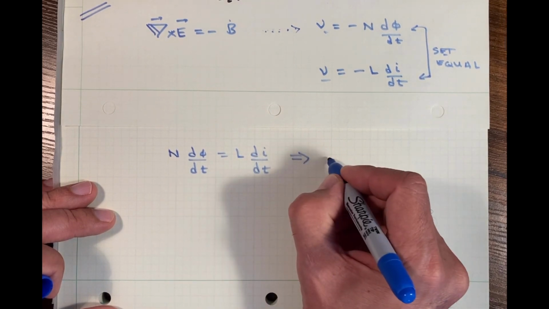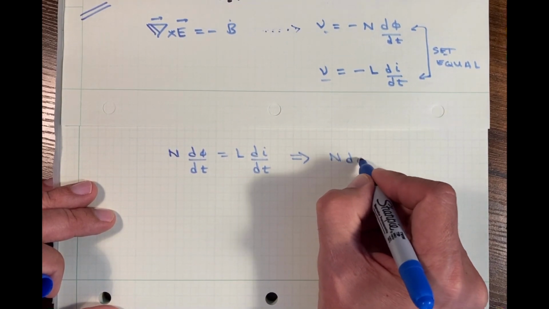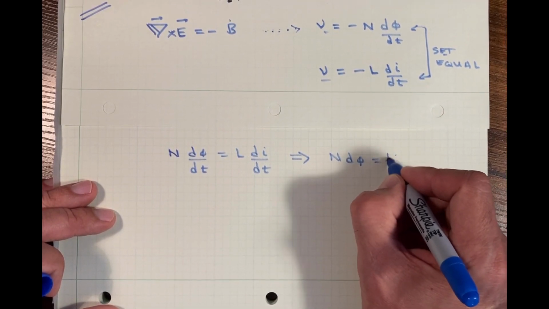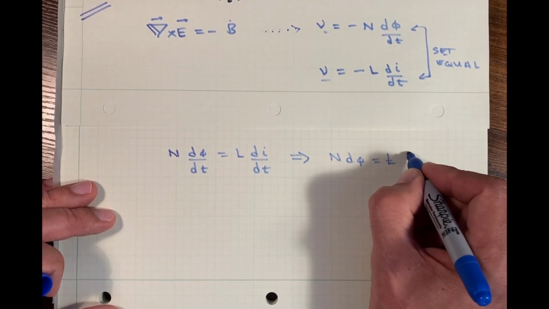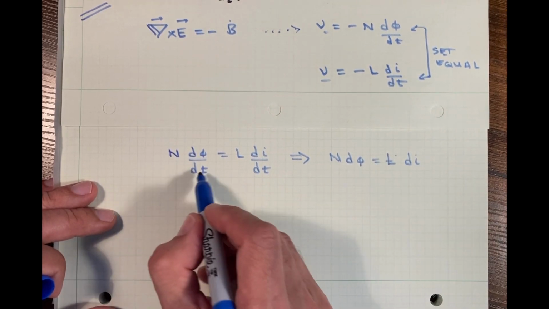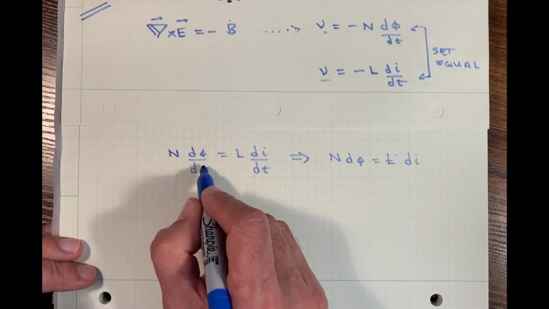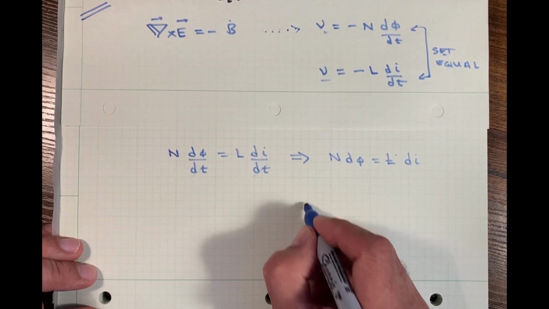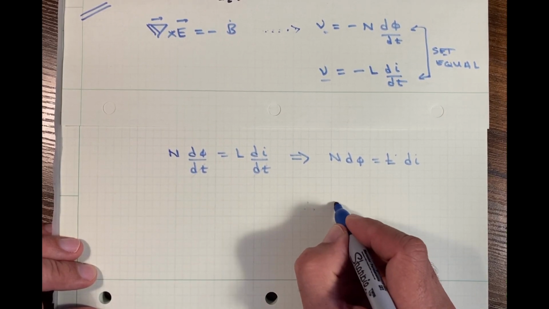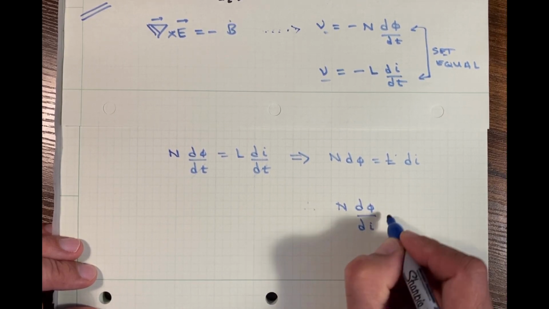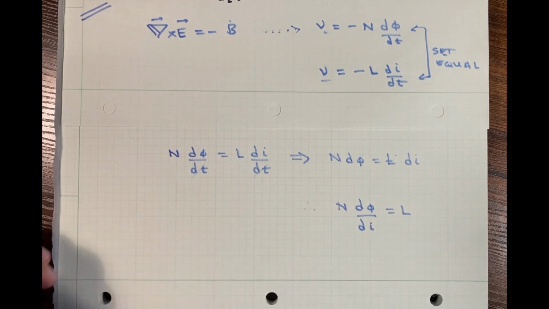This implies that N dΦ equals L, no negative sign there, L di. What we've done there is pretty much done away with our dt's, their differentials. So therefore, N dΦ/di equals L. That's another intermediate result.